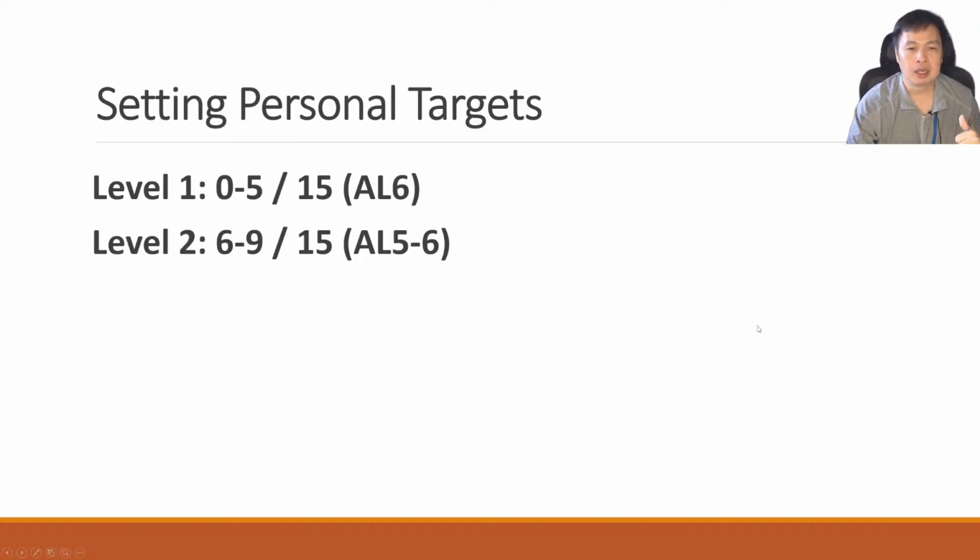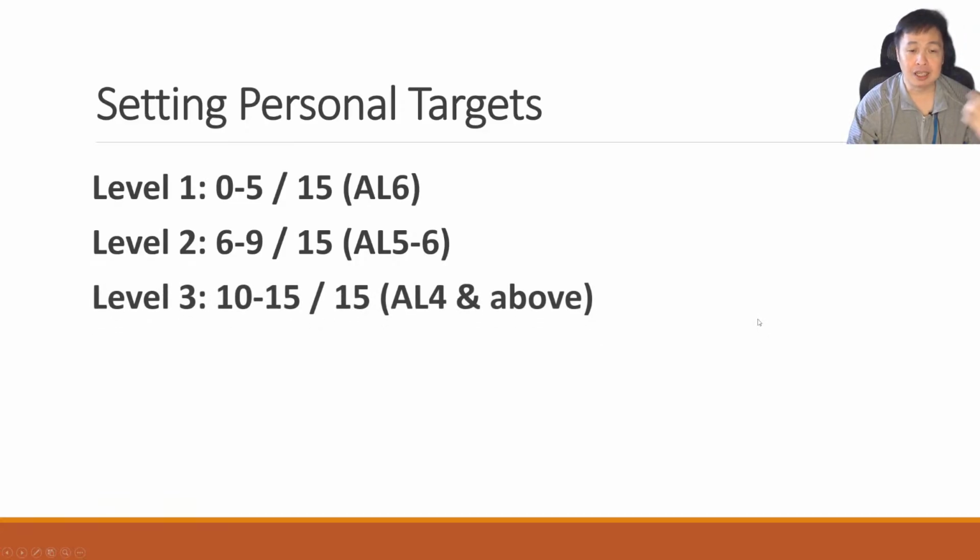Now for the more advanced students, we are talking about level 3, and you're scoring 10 to 15 out of 15. Is it possible to score full marks for this? Yes, it's very difficult, but not impossible. So these are students looking to score AL4 and above, meaning the old grading system's A or A star.